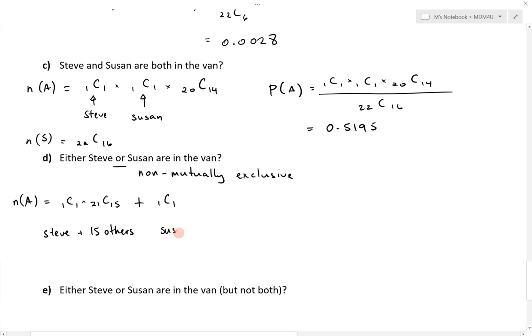So Susan plus 15 others times 21 choose 15. Now I'm going to subtract the overlap. Of course, you don't want to have Steve and Susan together. So the overlap is when they are together, you have 20 choose 14. So this is the overlap of Steve and Susan.